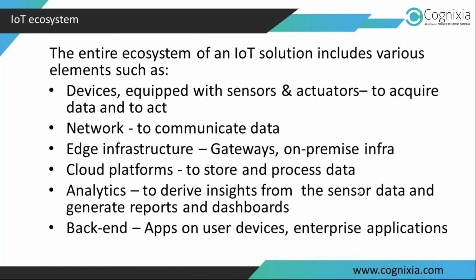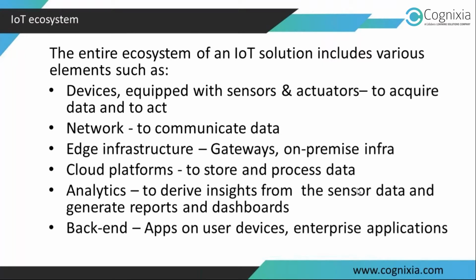If you look at an IoT ecosystem, it would be a combination of devices, and there are multiple terms we use for them. Sometimes we call them things, sometimes smart objects, sometimes embedded systems. These devices are equipped with sensors and actuators, which enable them to acquire data from the real-life environment and to act accordingly.